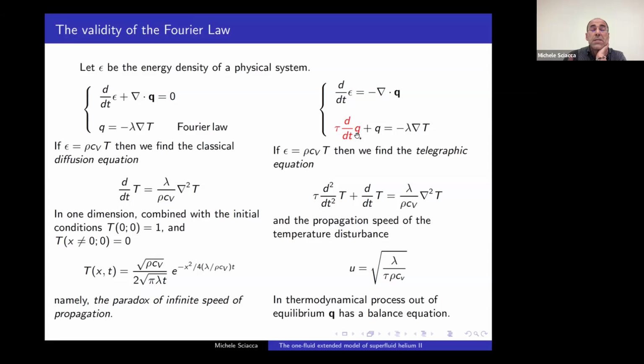This means that Q depends on time. Following the same calculation, you arrive at the telegraphic equation, which is a hyperbolic equation whose solution is a temperature wave, with a velocity proportional to the thermal conductivity lambda but inversely proportional to the relaxation time, which works as an important tool for the propagation of thermal waves.